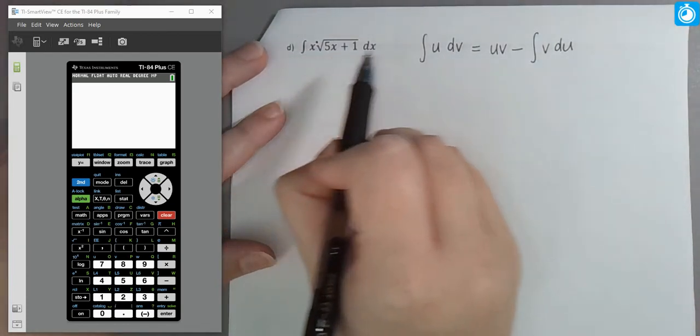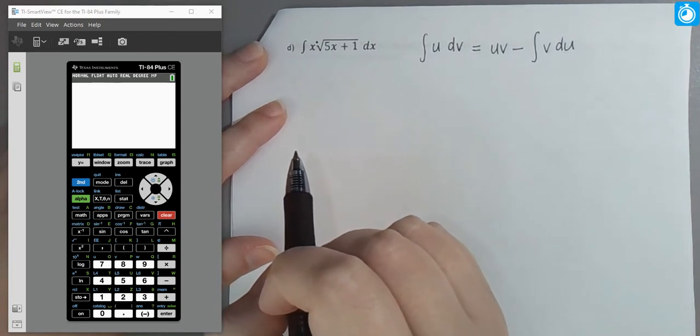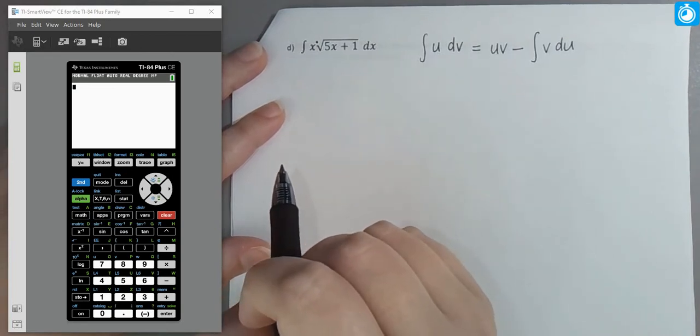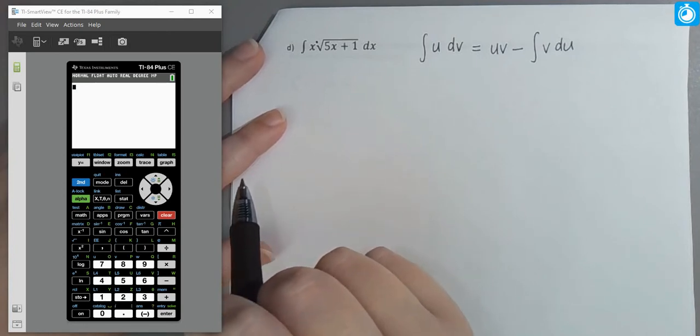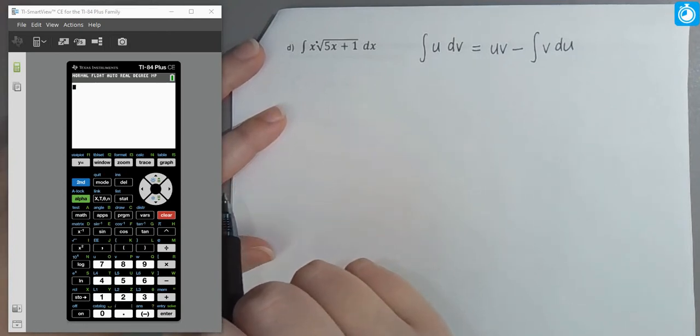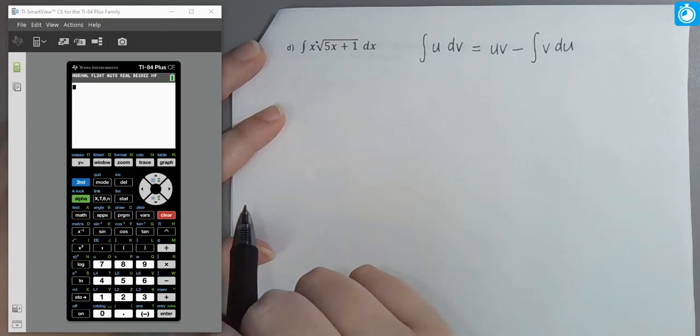So using the functions we have, one of them is going to be our u, and then the other one paired with the dx is going to be our dv. So first off, which one can we actually integrate? Maybe that's a good question to ask, because again, integration is the harder part. Differentiation we can do pretty much no matter what, but integration not necessarily the case.